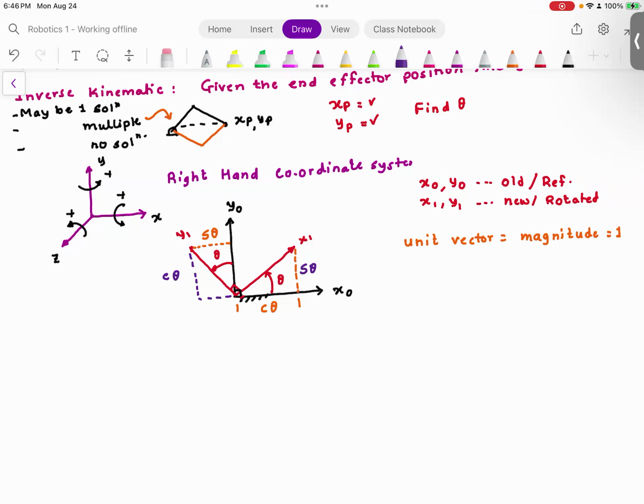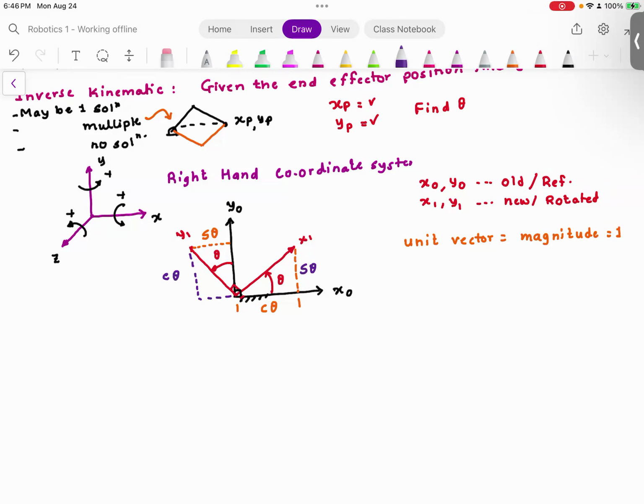So initially, when theta was 0, X1 and X0 were aligned. Y1 and Y0 were aligned. As theta changed, then X1 and Y1 started rotating.